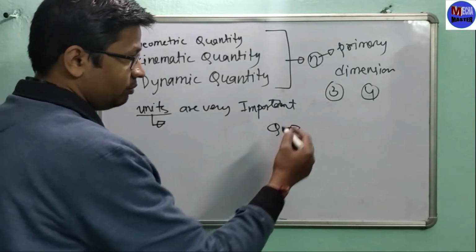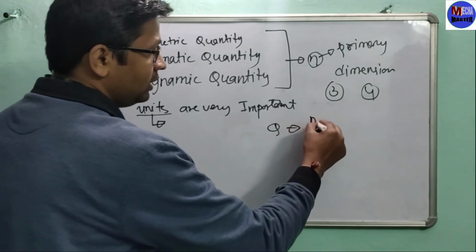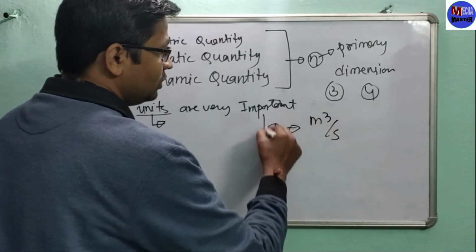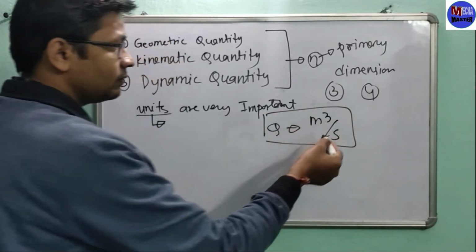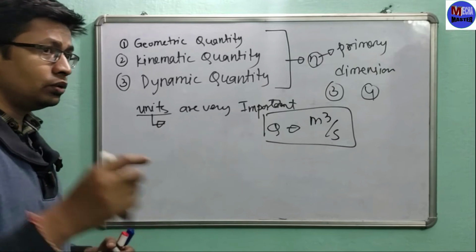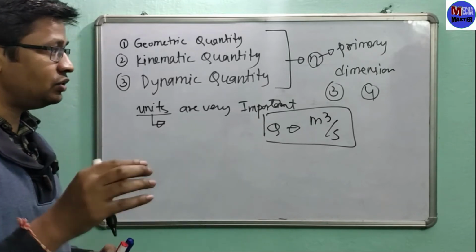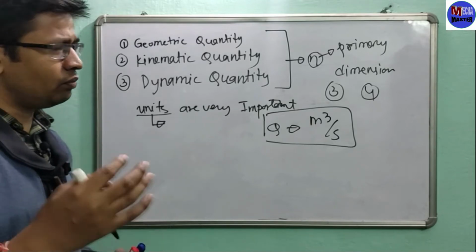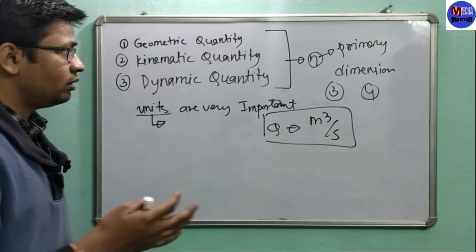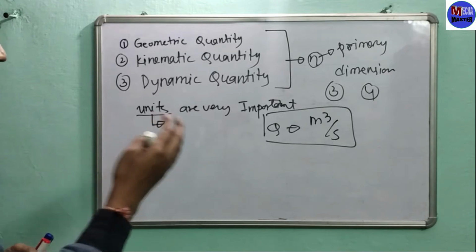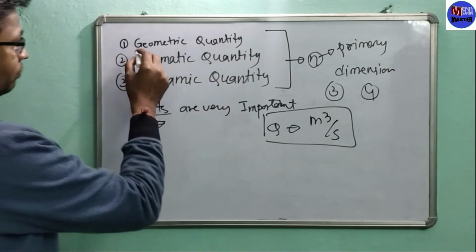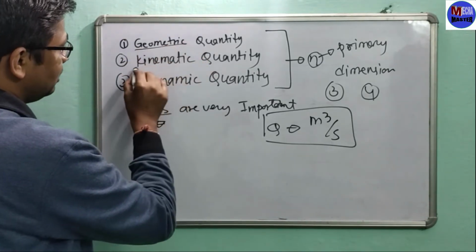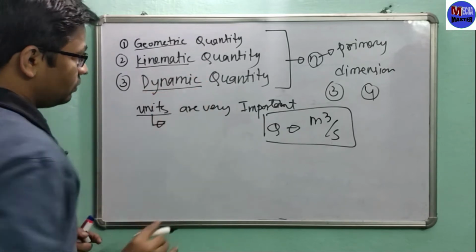The main thing is unit. The unit will be meter cube per second. Then you can simply say that Q is discharge. So you need to remember what is the unit of any dimension, because on the basis of unit, we are going to define geometric, kinematic and dynamic quantity.